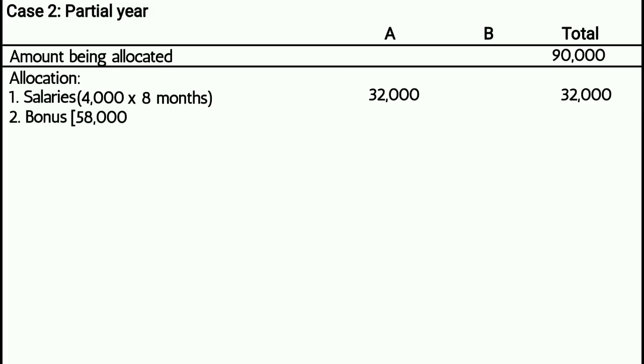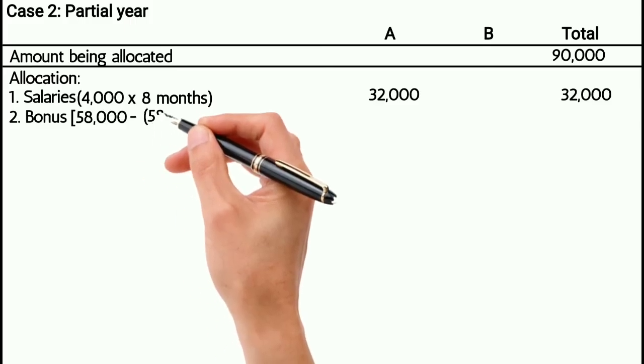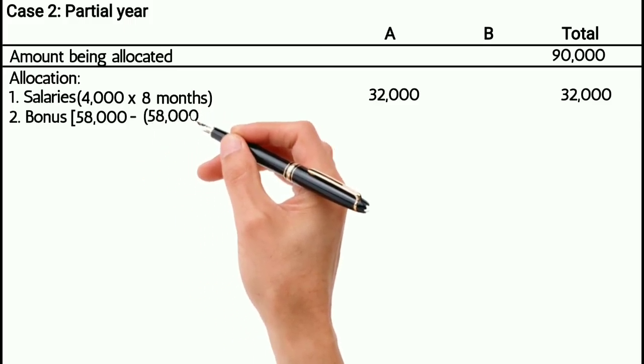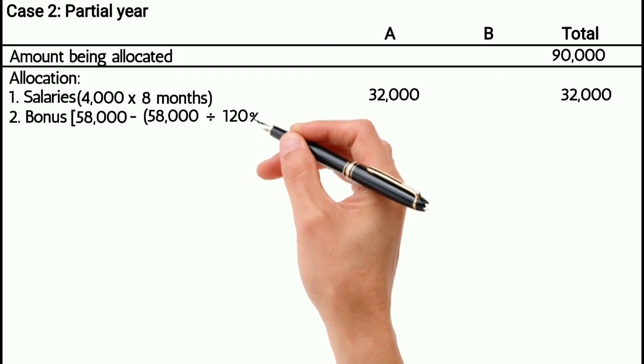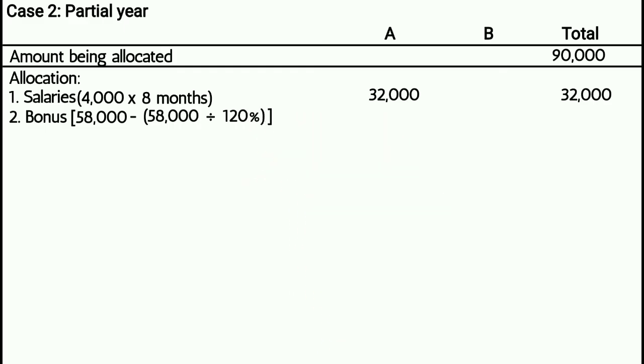Bonus is equal to 58,000 pesos minus the quantity 58,000 pesos divided by 120%. Ilan yan? 9,667.